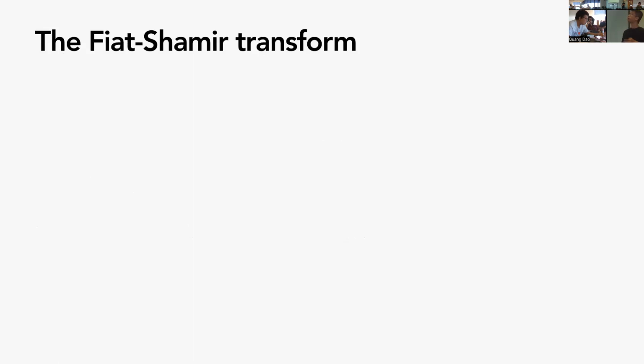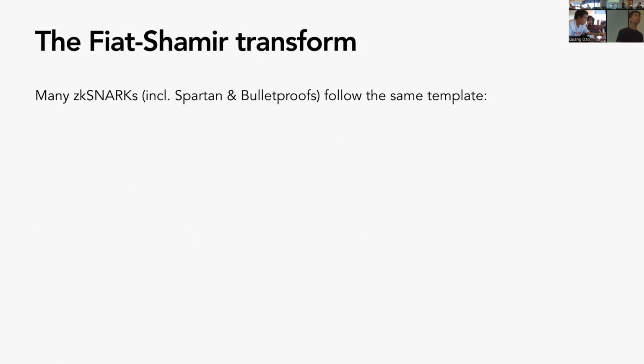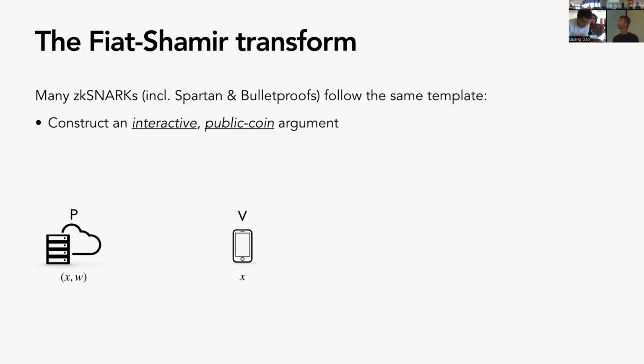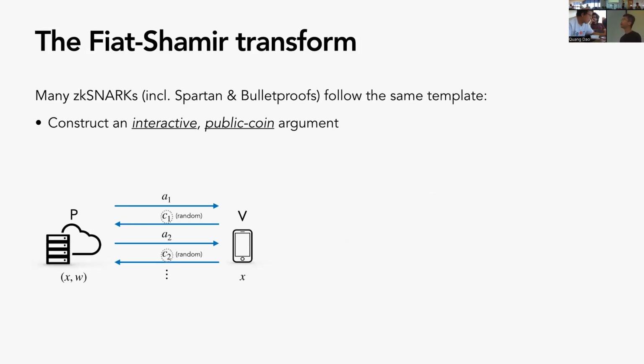So to start, let me recall the Fiat-Shamir transform, which is used by many zkSNARKs, including Spartan and Bulletproofs. It goes as follows. First, you construct an interactive public coin argument. This means that the prover and verifier may interact over a number of rounds, and the verifier's messages or its challenges are uniformly random.